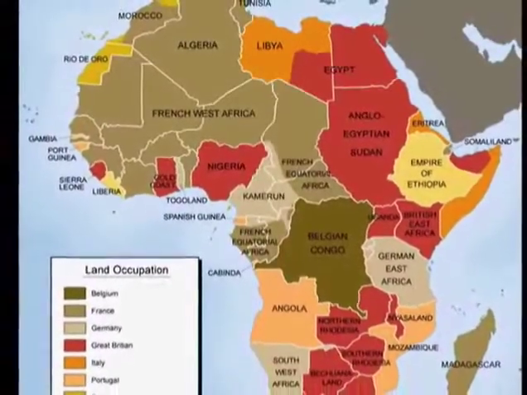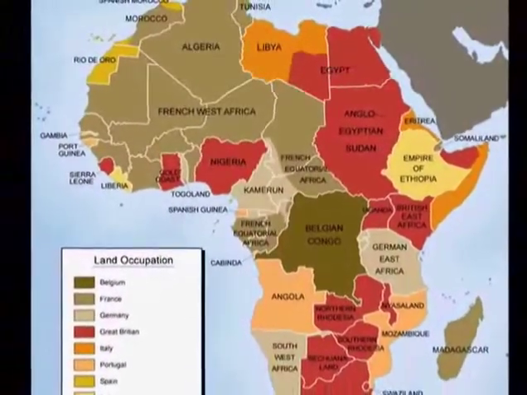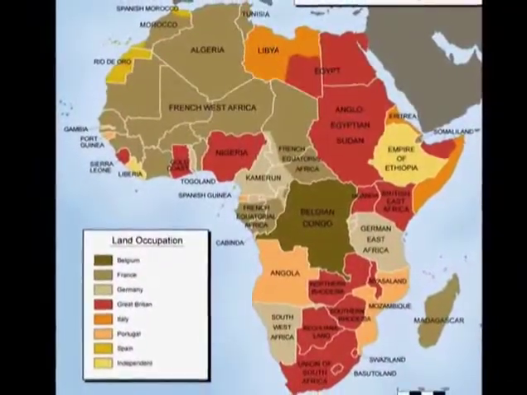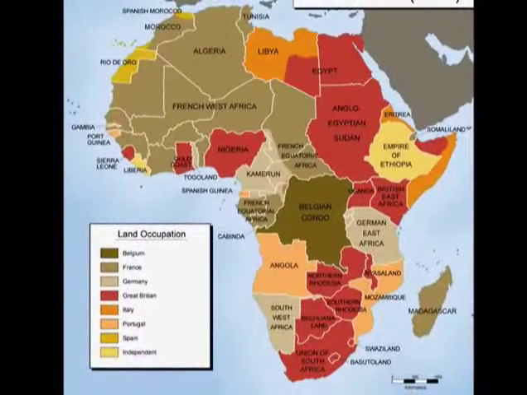The territory of the French Empire increased 3.5 million square miles, and population grew by 6.5 million. German Empire increased 1 million square miles, and population grew by 13 million. For Italy, the same figures were 185,000 square miles and population of around 750,000.